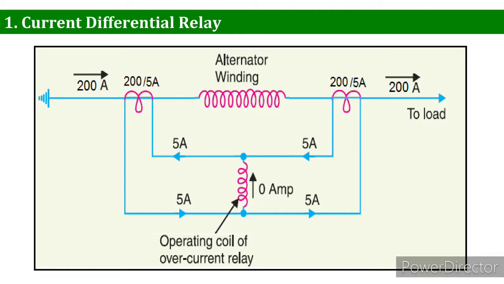These currents will merely circulate between the two CTs and no current will flow through the differential relay. Remember, this is a very ideal condition.